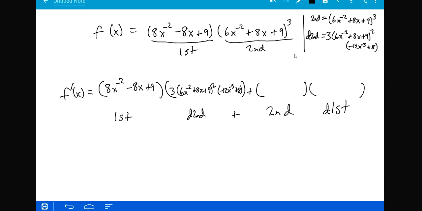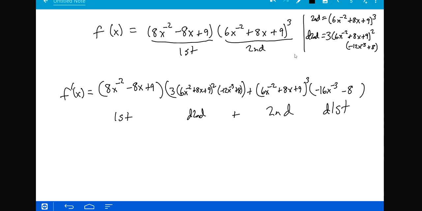Alright, plus second. Second is all that stuff raised to 3: 6x to the negative 2 plus 8x plus 9 raised to 3. And then d first. The derivative of 8x to the negative 2 would be negative 16x to the negative 3. Derivative of negative 8x would be negative 8. Derivative of 9 will be 0.